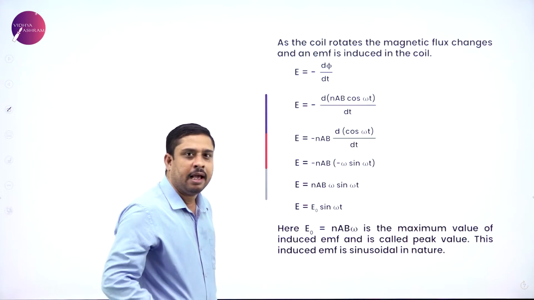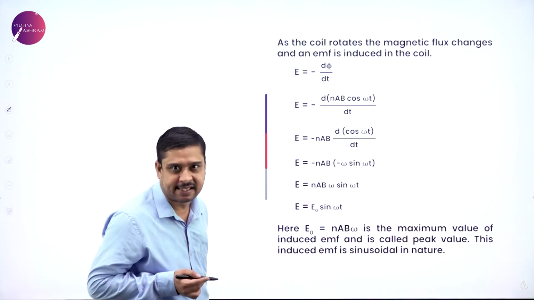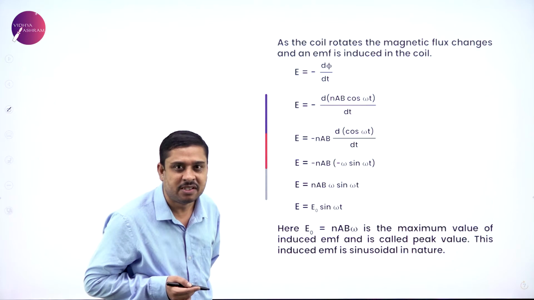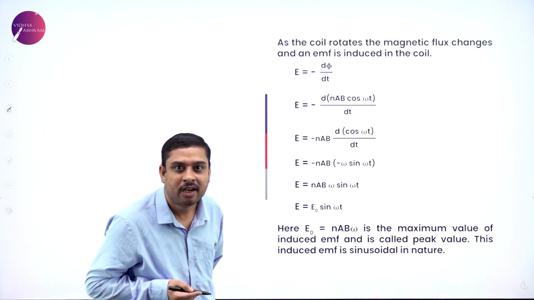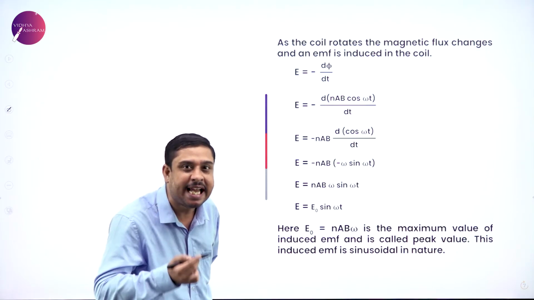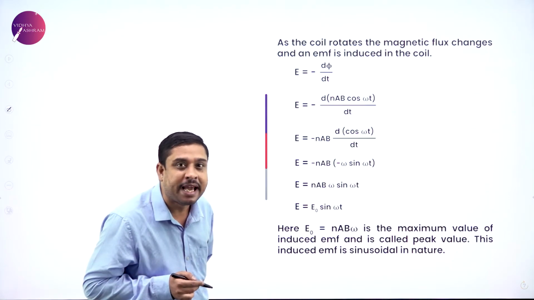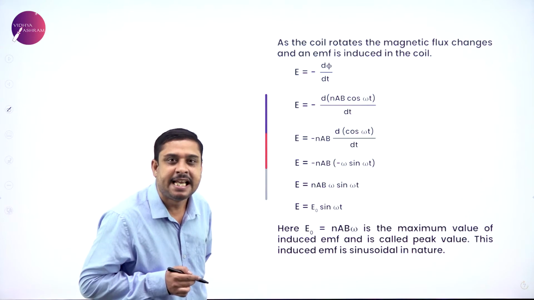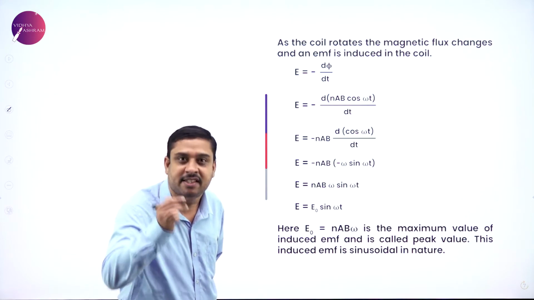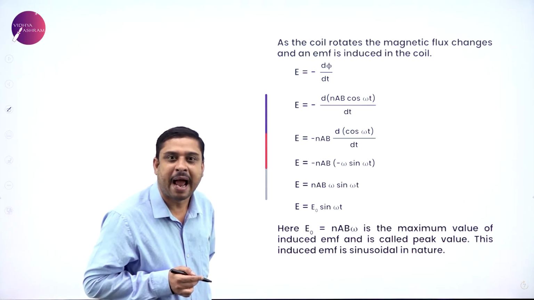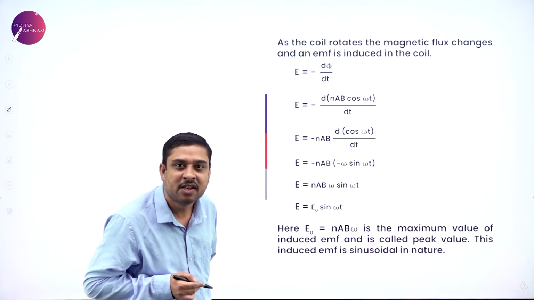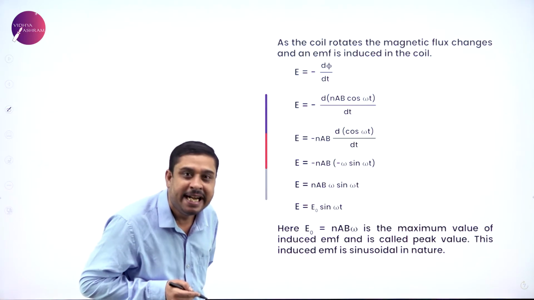Now, as the coil rotates, what happens? As I told earlier, torque is created. What is the torque doing? Yes, changing the magnetic flux. When the magnetic flux changes, what appears?